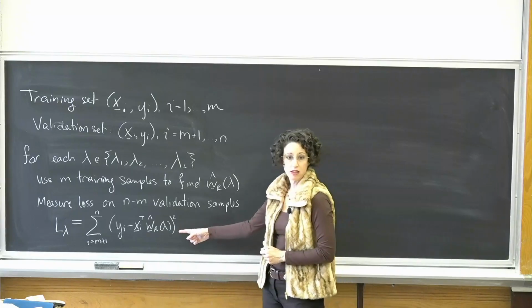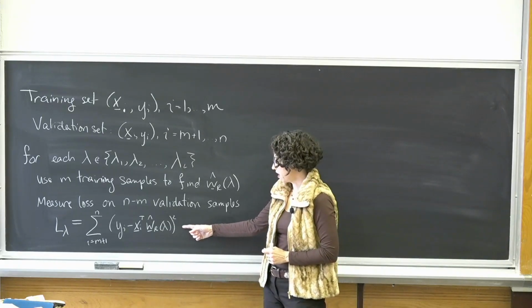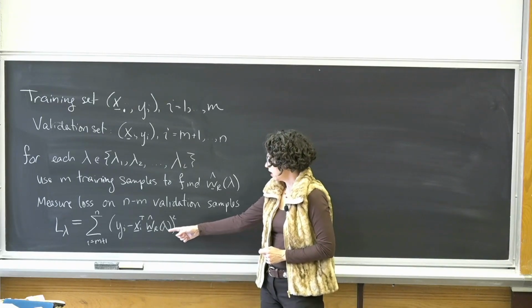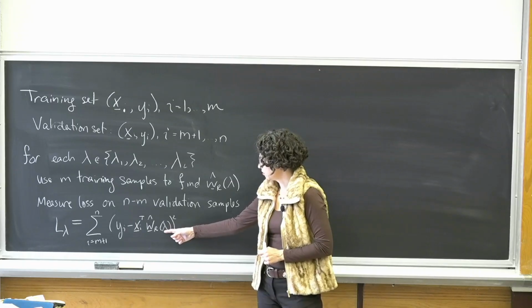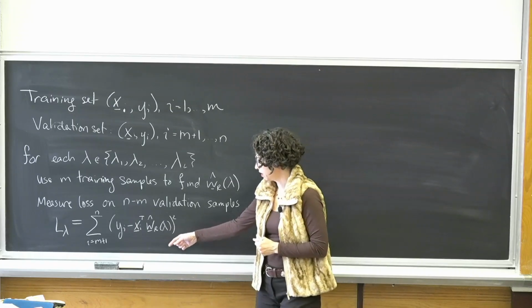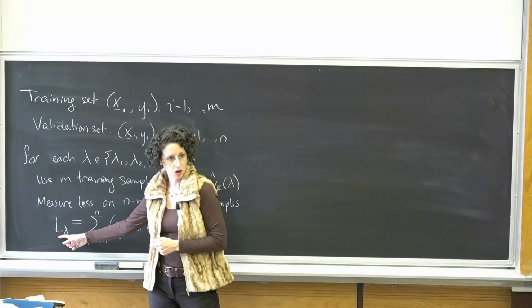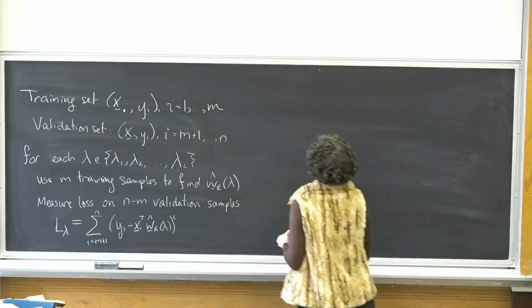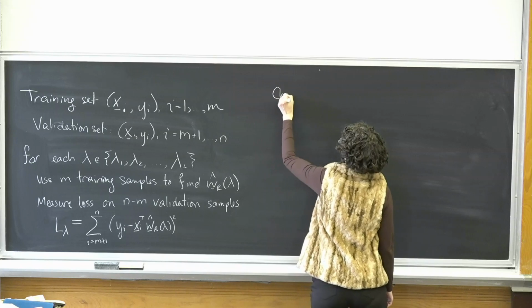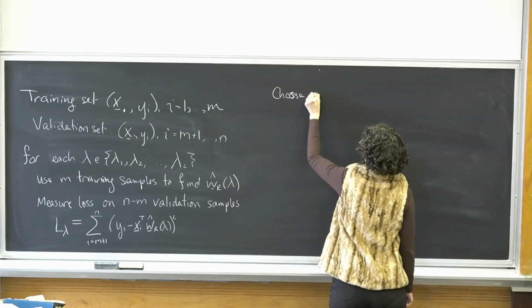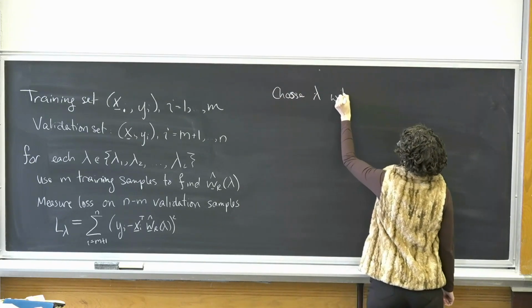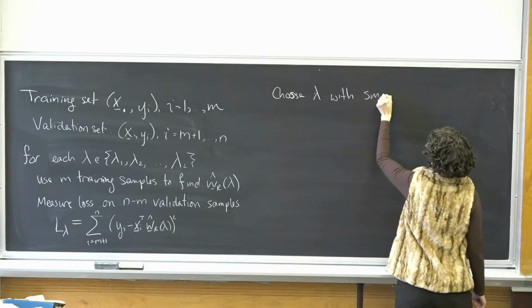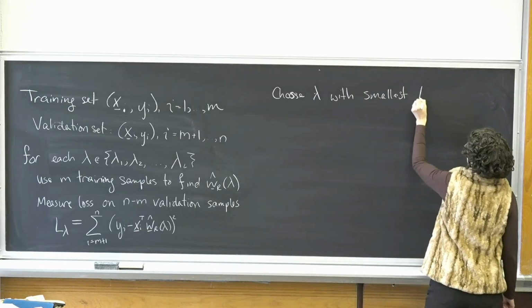So I'm just looking at the sum of squared errors on my validation data set. And when I am using ridge parameter lambda, then I'm computing the loss associated with that parameter, L sub lambda. And then finally, I would choose the lambda with the smallest L sub lambda.